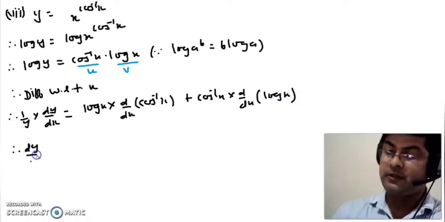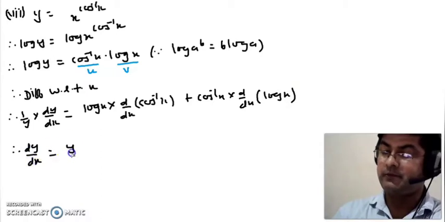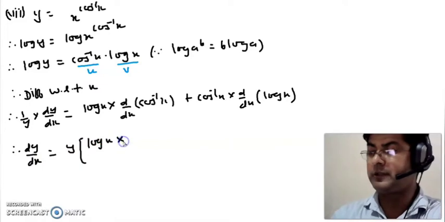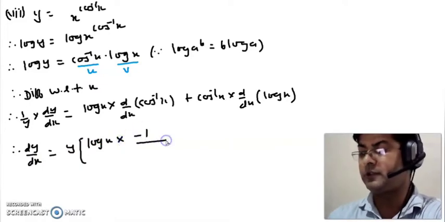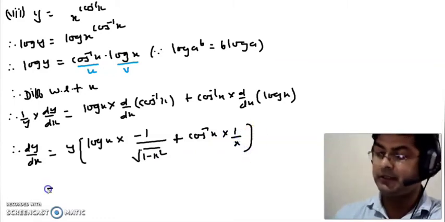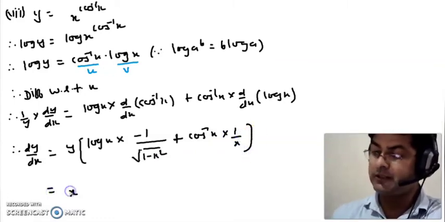Therefore dy by dx is equals to y into bracket log x into differentiation of cos inverse is minus 1 upon square root of 1 minus x square plus cos inverse x as it is, differentiation of log x is 1 by x. Put the value of y, that is x raised to cos inverse x.